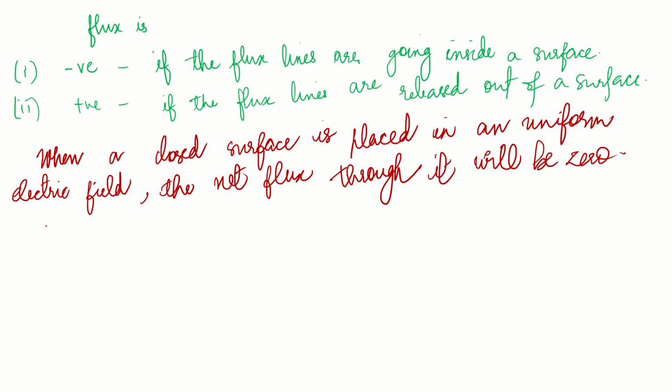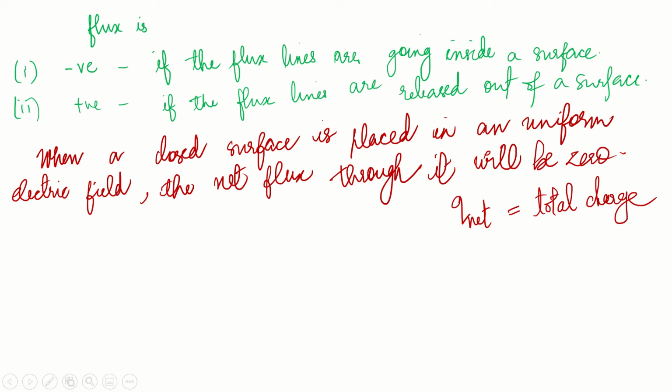Then another point is, it is not a closed surface, it is an open surface. If Q net is 0, then flux will be 0. Here Q net is the total charge. Q net is equal to total charge.